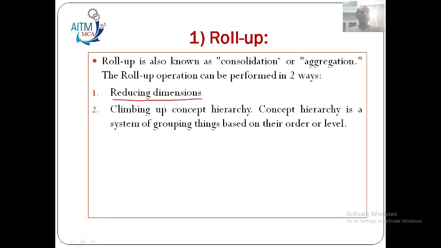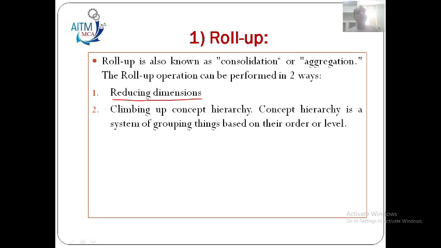I don't want those things, I want only these things, so I'll reduce the remaining dimensions. I'll highlight only one or two dimensions. Got it? The remaining dimensions will be there, but we are not going to use them. I am not interested in those dimensions. Hence, I'll reduce the dimensions.